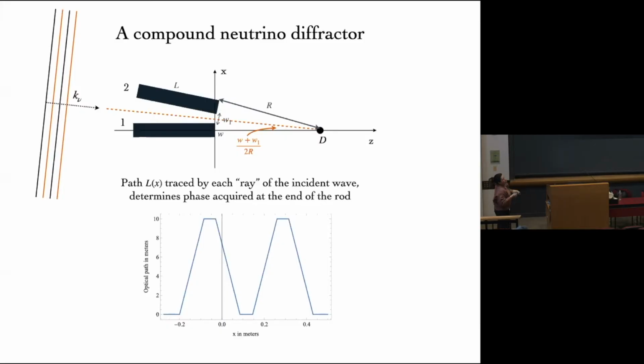To calculate how much phase is accumulated by the wave at the end of the sticks, at the end of the surface right here, you calculate the optical path, basically the length traced by each ray of the wave as it goes through the structure. And you get something that looks like this. This is the length in meters, and this is the distance x here. It's not centered at 0, because as you see here, it's not centered at 0 either. And then you want to see again what your pattern is at D.